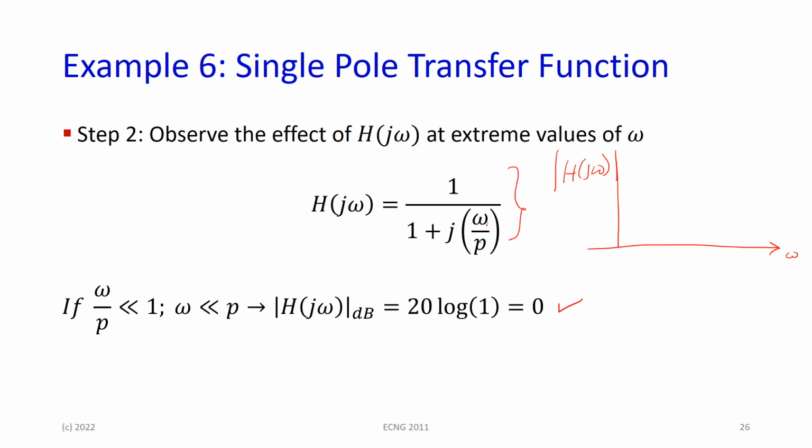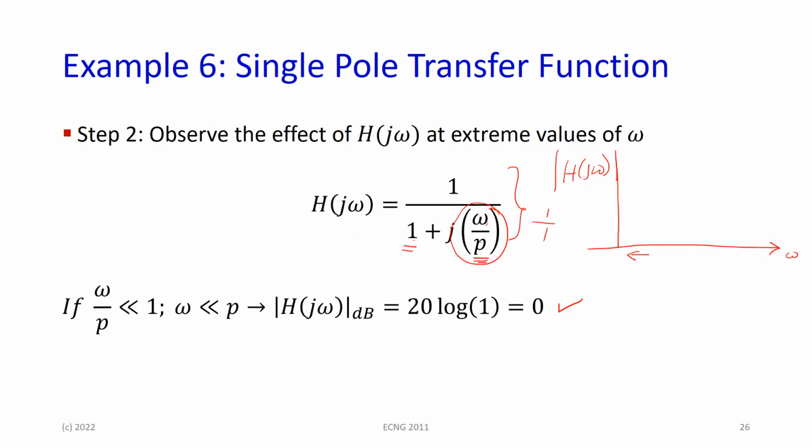So let's see something. If omega over p, this bit here, is much less than 1, in other words the frequency is becoming close to that axis here, low frequencies, then this whole transfer function basically becomes 1 over 1.